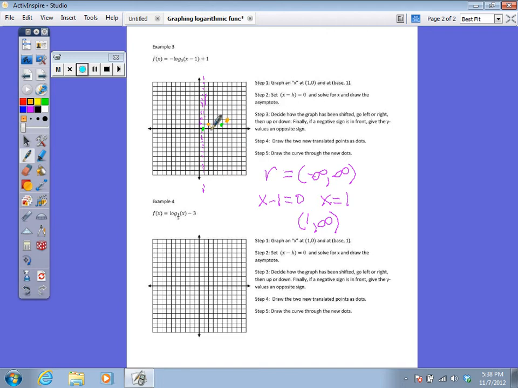And now I apply the negative value. It's positive 1 for a y, so now it's a negative 1y. Was a positive 2y, now it's a negative 2y. And those are my final dots. I'll erase all the other ones to eliminate confusion. Of course, the asymptote is still at x equals 1.